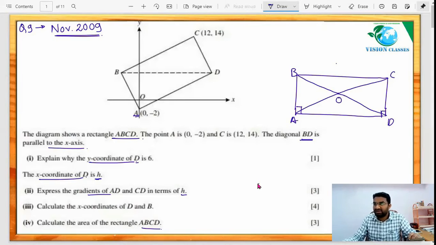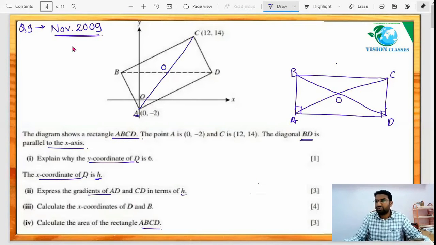Now, if you want to find the midpoint of BD, you can connect AC and you will get exactly the midpoint, let's say O. You have to use the midpoint formula to find the coordinates of O. We will solve it on the next page.